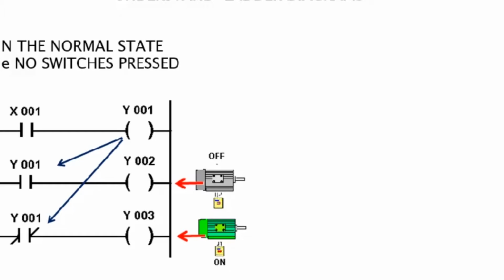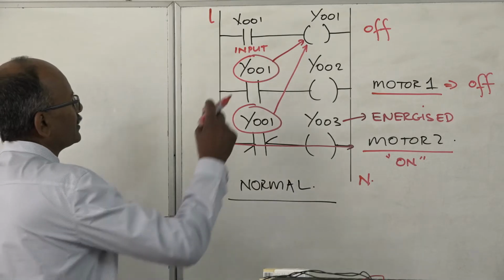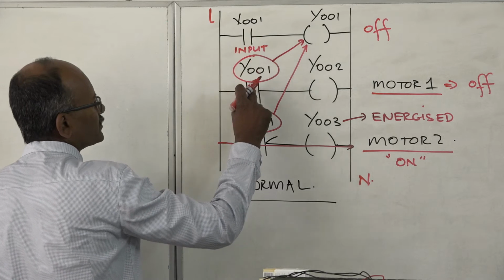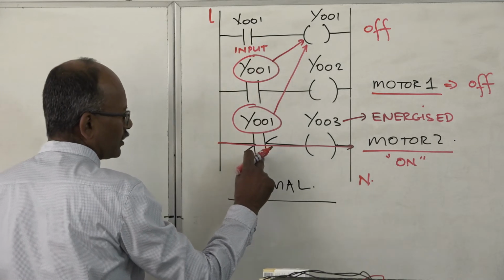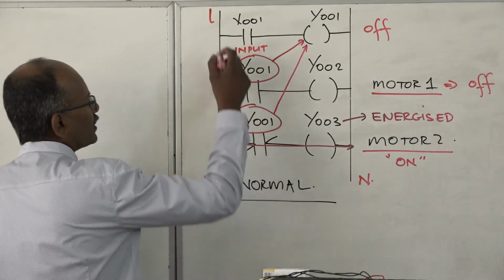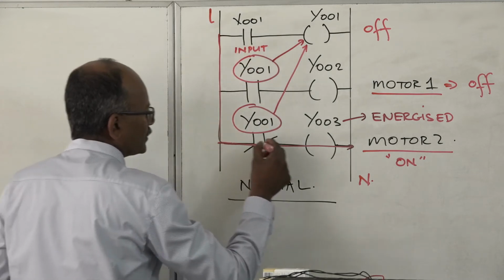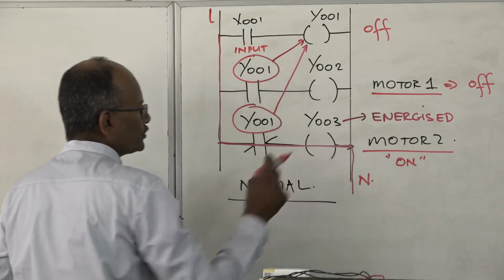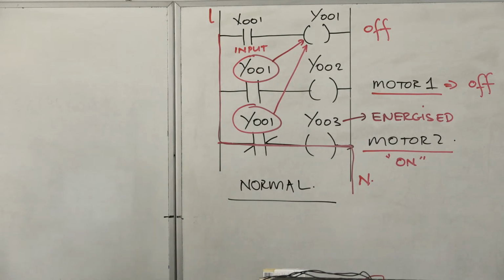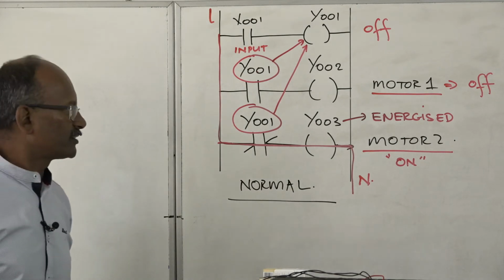In this circuit, in its normal state, this input is off, this input is off, and this input is on. It's a normally closed switch, so I will have current flowing through output coil Y003, and as I've represented, motor 2 will therefore be on in the normal state.